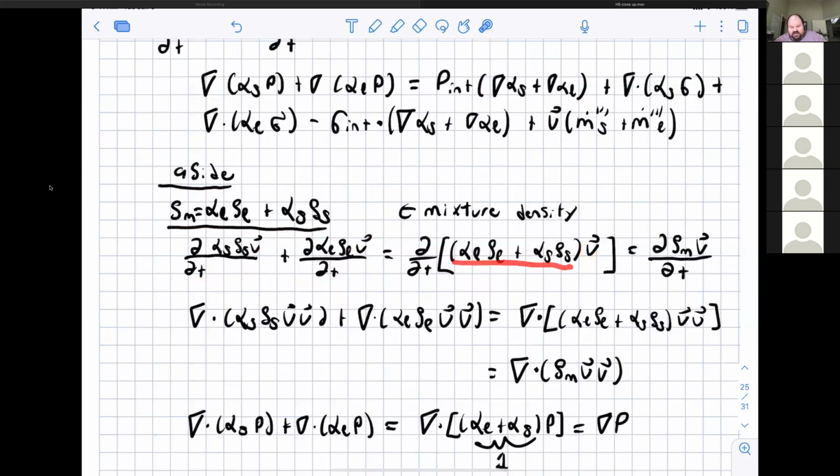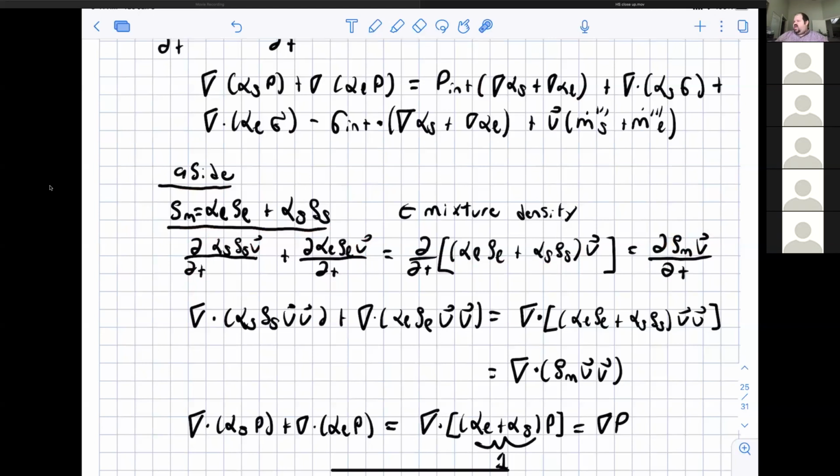Well, lo and behold, this here is just our mixture density. And so the sum of these two terms just becomes the time derivative of rho m times our velocity. Okay, and so already we have greatly simplified here. We no longer have those nasty volume fractions, so basically that's gone.